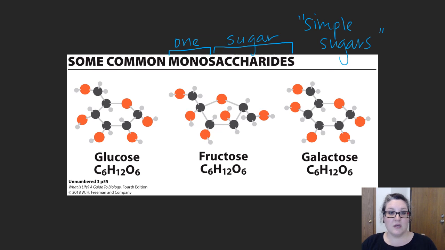Any one of these very simple 1 ring structure sugars. What I mean by 1 ring is that they have carbons and oxygens joined in a single ring, either a pentagon or even a hexagon. They're not always in rings, but these are in this case. Glucose, fructose, and galactose are just some examples.